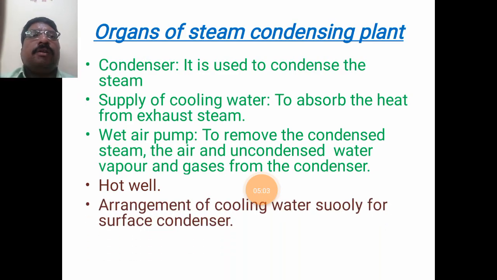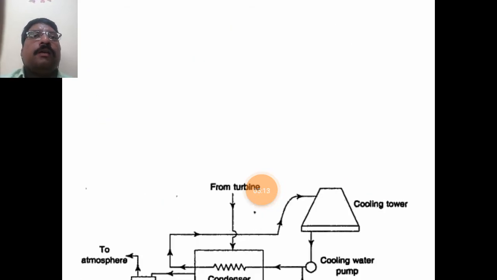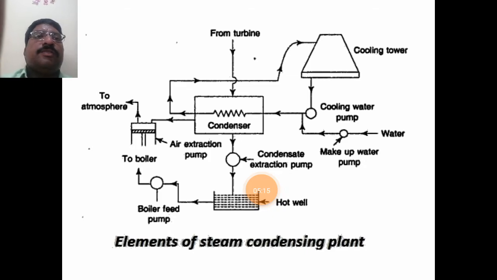Next is the arrangement of cooling water supply for surface condensers. In the case of surface condensers, the cooling water supply has to be arranged properly. These are the elements of a steam condensing plant. First is the condenser. The cooling water is supplied to the condenser, and the cooling water absorbs the heat, is converted into some vapor, and is passed to a cooling tower.